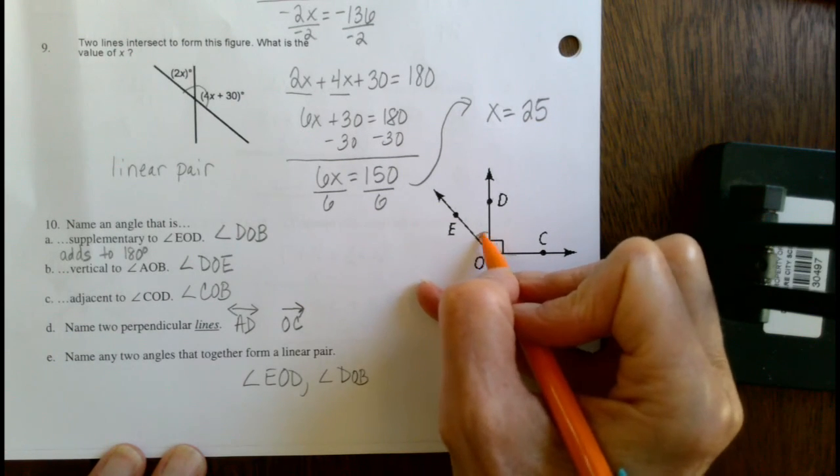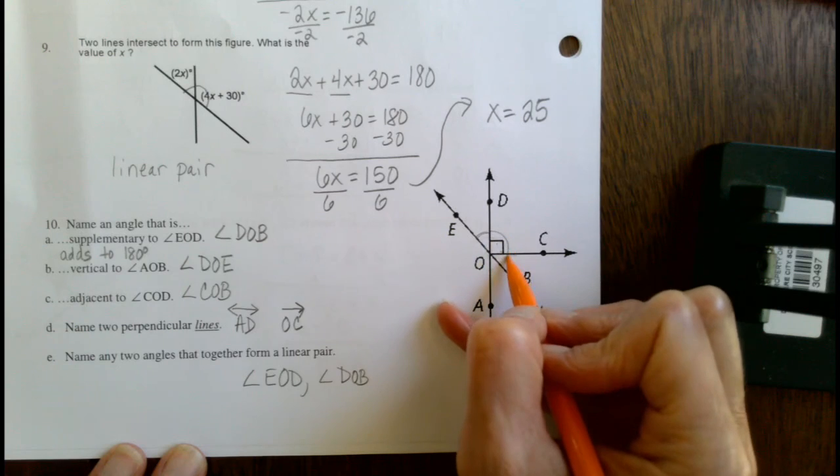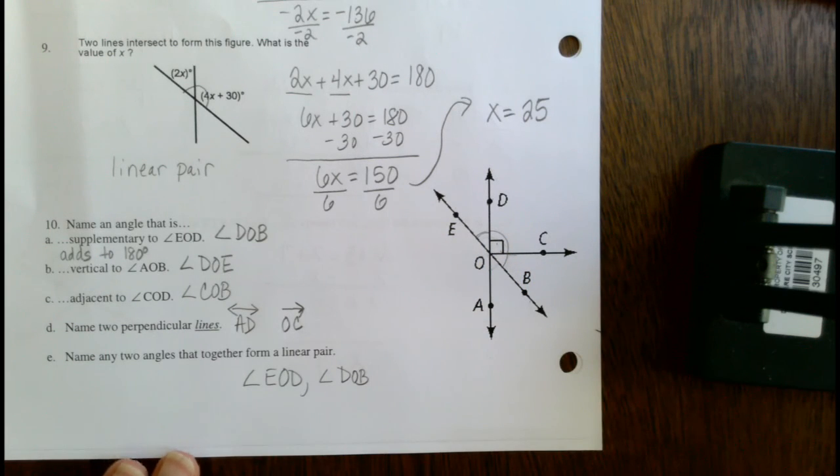They're side by side, so here's one and then here's the other. There's that protractor, and we form the complete angle. Side by side adds to be 180 degrees.